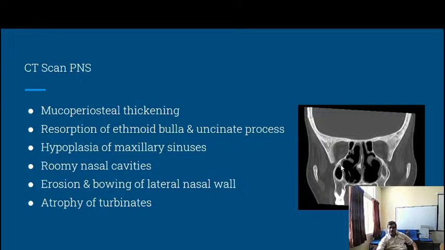If you see the maxillary sinuses, they become very small, hypoplasia, and the nasal cavities become roomy. So there is entire lateral bowing of the lateral wall of the nasal cavity, and the inferior turbinate is almost destroyed. You don't see the inferior turbinate.